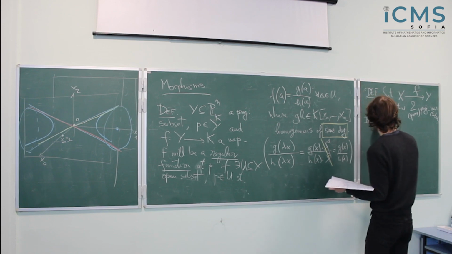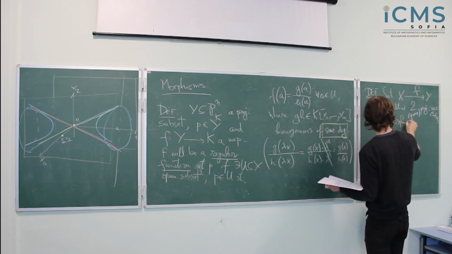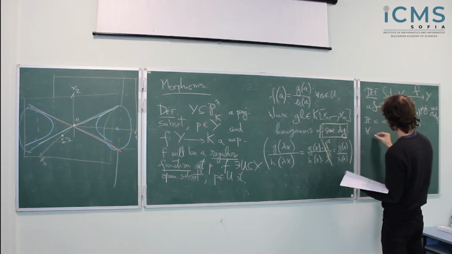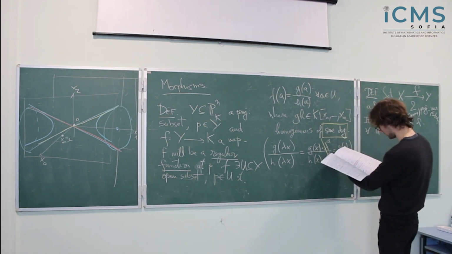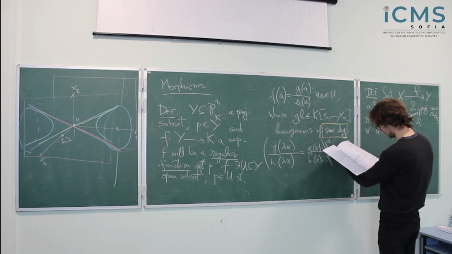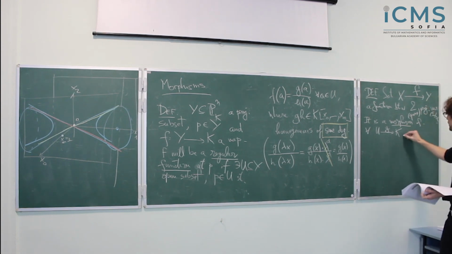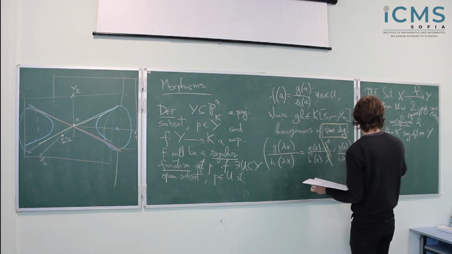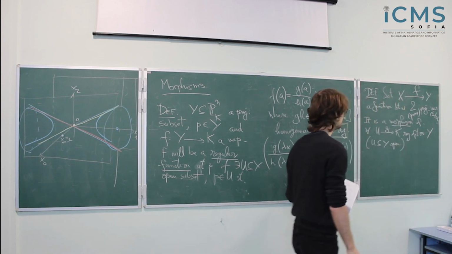And we will call it a morphism if for all, let's see how, yeah, regular function on y. So imagine that u is an open inside of y.